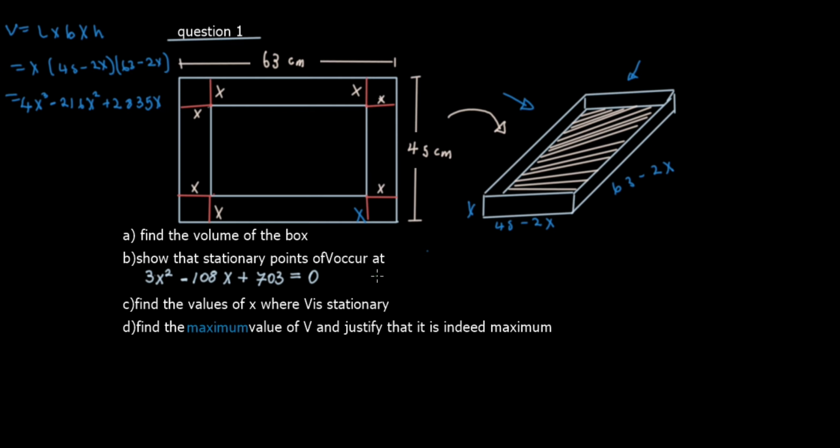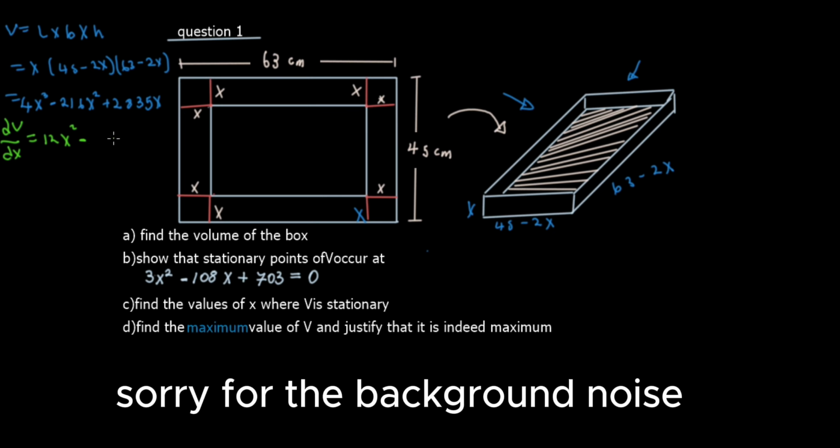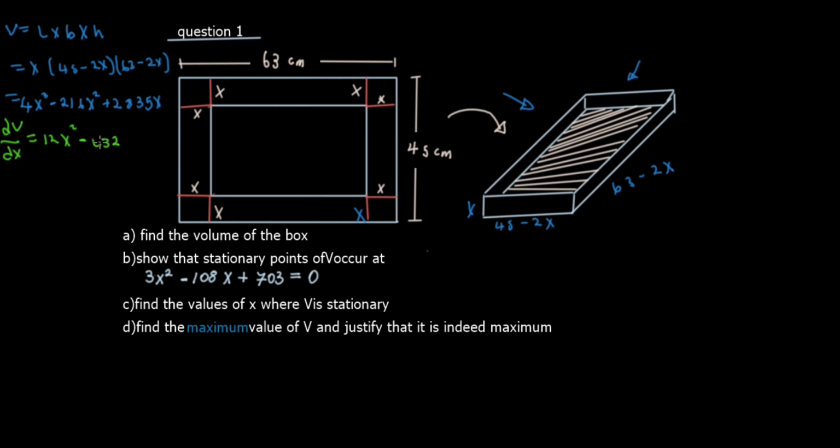So the other question says, show that the stationary point of the volume occur at this equation, which is equal to x. Here, let's first try to find dV over dx. So it could be 12x to the power of 2 minus 2 multiplied by this, we're going to get 234x.